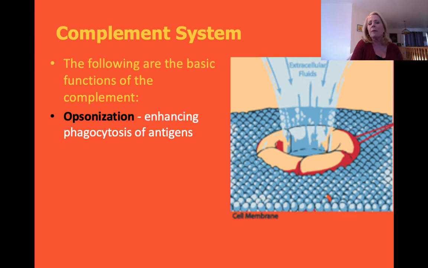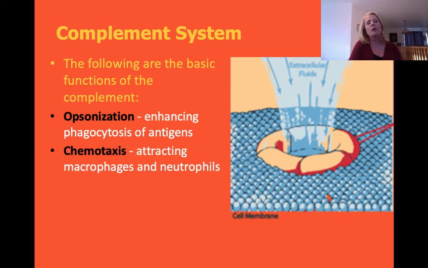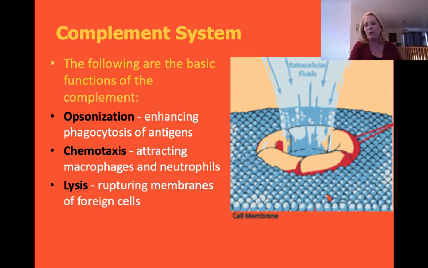Another thing that this complement system can do is opsonization that we have talked about before, where some of those proteins attach to certain antigens on the outside of the cell and then allow phagocytes to bind to the cell and to destroy the cell. And then also the complement system can attract those phagocytes to the cell, so that's chemotaxis.